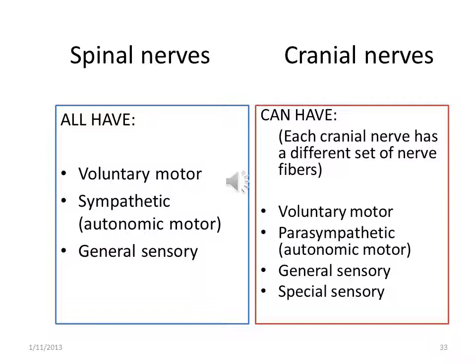And the list there tells you the types of neurons that cranial nerves can have. Notice that sympathetic is not on the list for cranial nerves, but parasympathetic neurons can be found in cranial nerves. Also notice that special sensory nerves, which include vision, hearing, balance, taste, and smell, can be found in cranial nerves, and those are never found in spinal nerves.